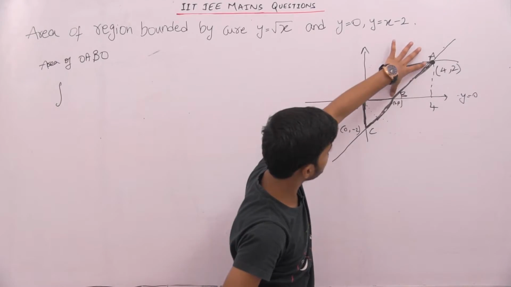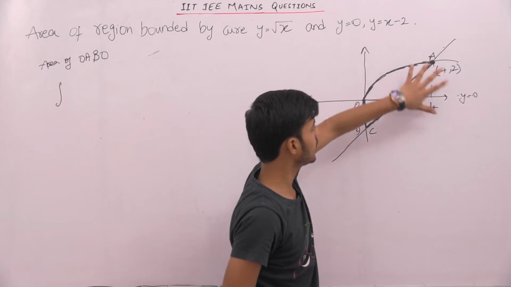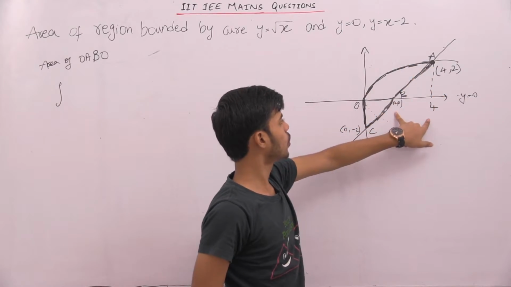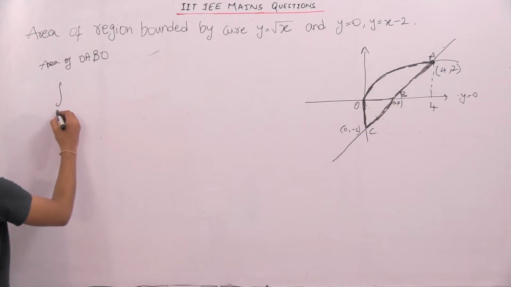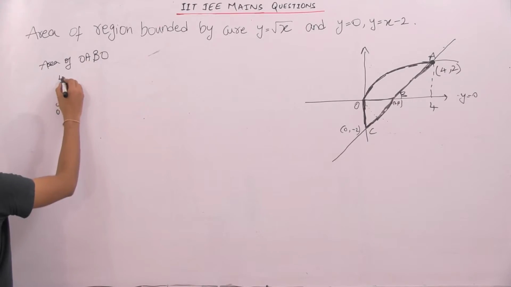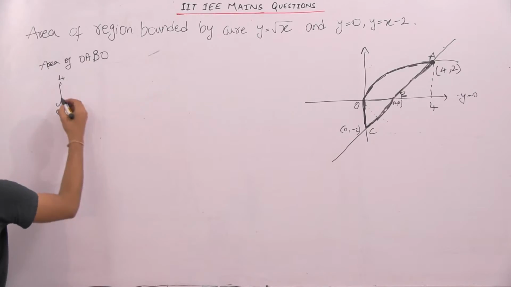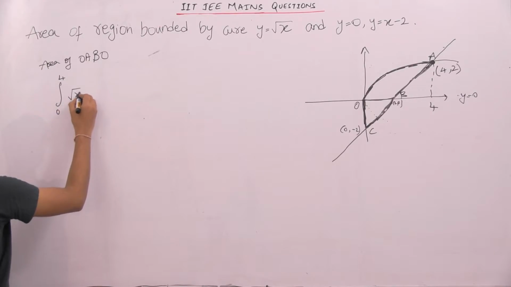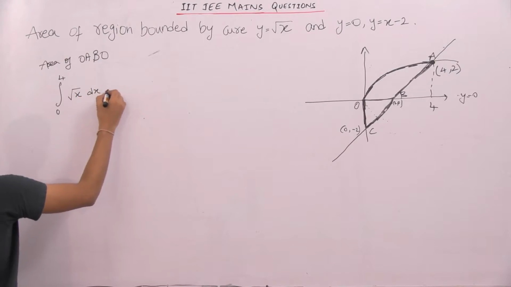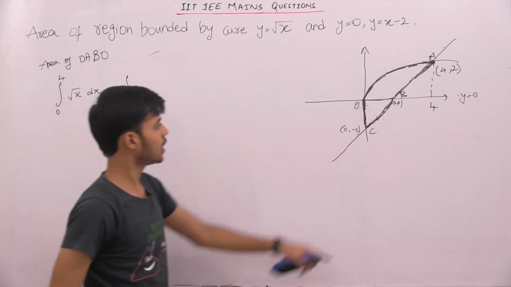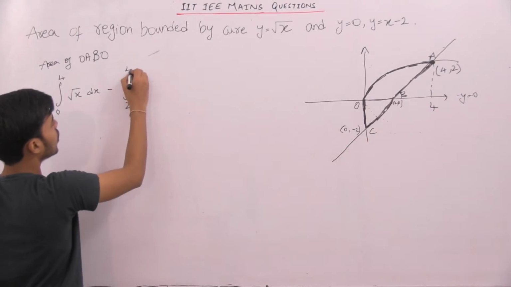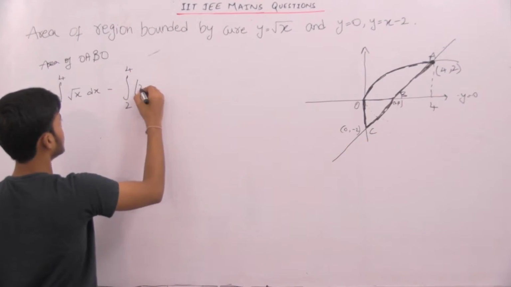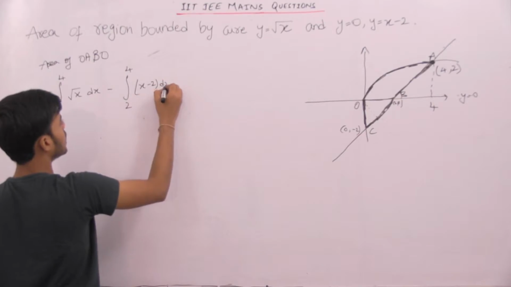Then if I subtract the area covered by this line from 2 to 4, I am left with only the region required. So that is the integral from 0 to 4 of the parabolic curve root x dx minus the integral from 2 to 4 of the line, which is x minus 2 dx.